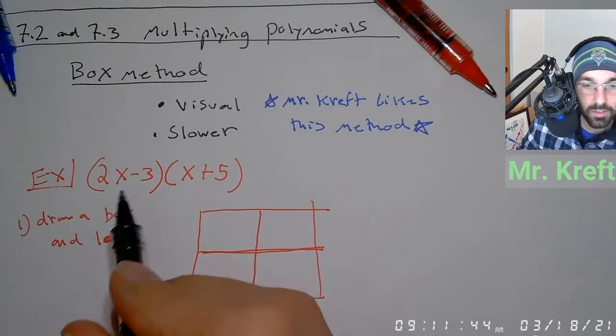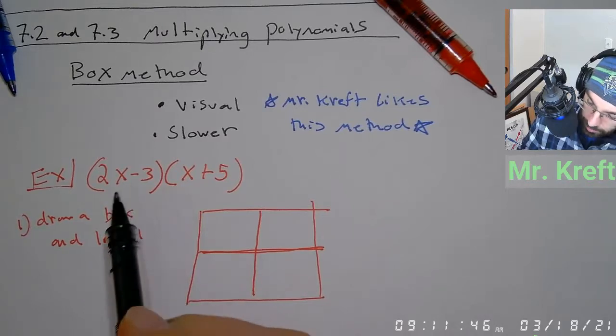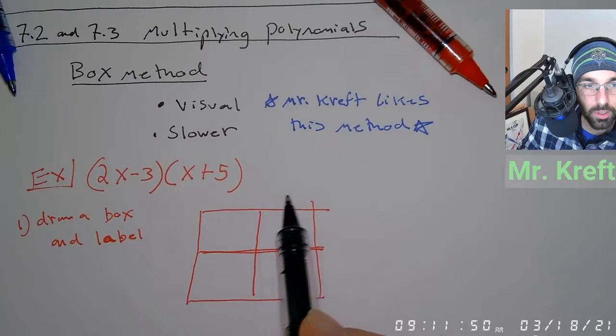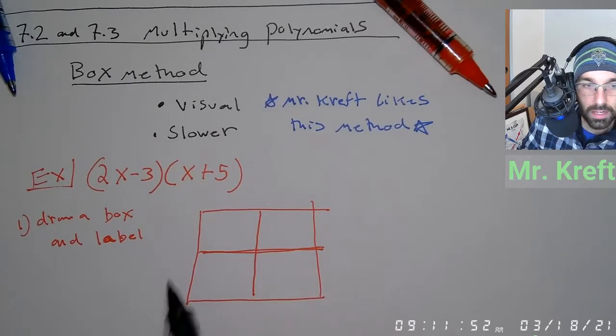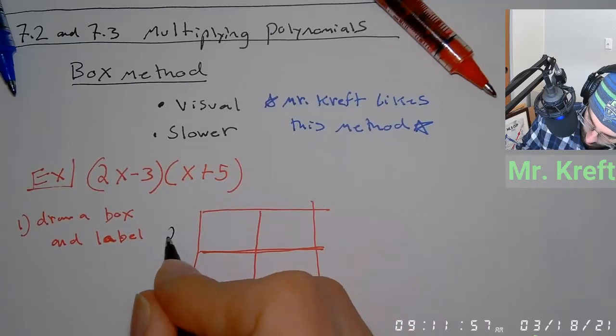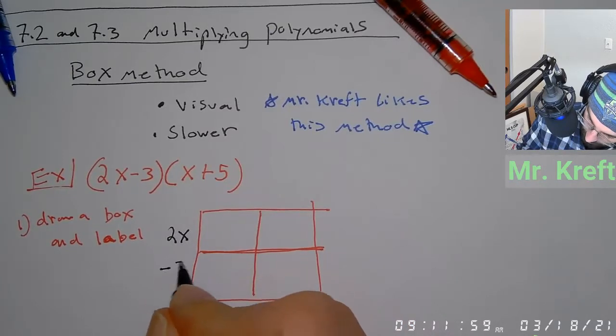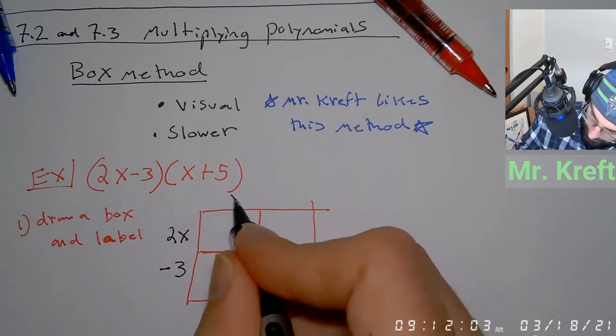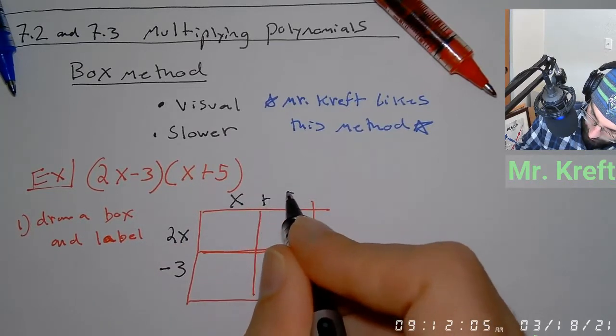Okay, so again, we're going to make our box 2 by 2. And then what I'm going to do, and don't get hung up on this, it doesn't matter if you put this first one on the top or the side. But I'm just going to go here. I'm going to have 2x minus 3, right? That's this one. And then I'm going to have x plus 5.